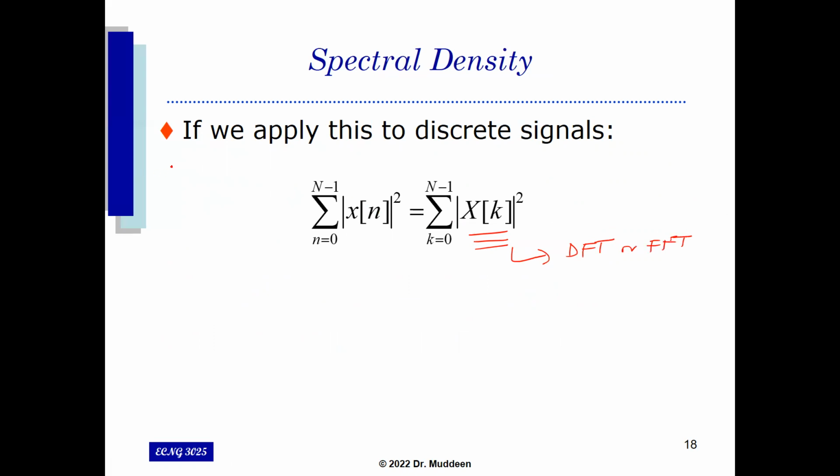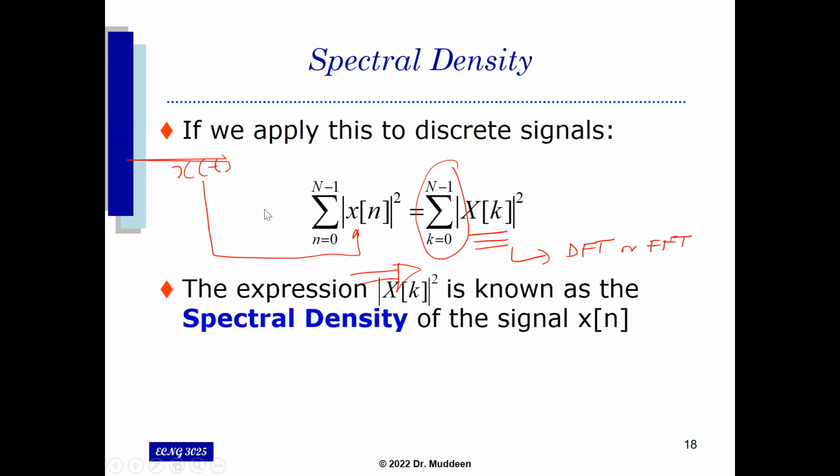So I take the signal x(t), sample it to get x[n], and if I transform it to get the spectrum, the power in the spectrum is the same as what I had in time, so that I could work with that. And this is something I could compute mechanically. I don't have any continuous time integral to evaluate.